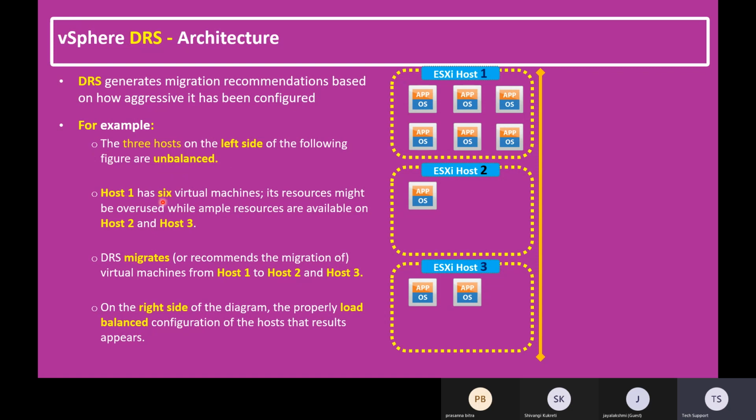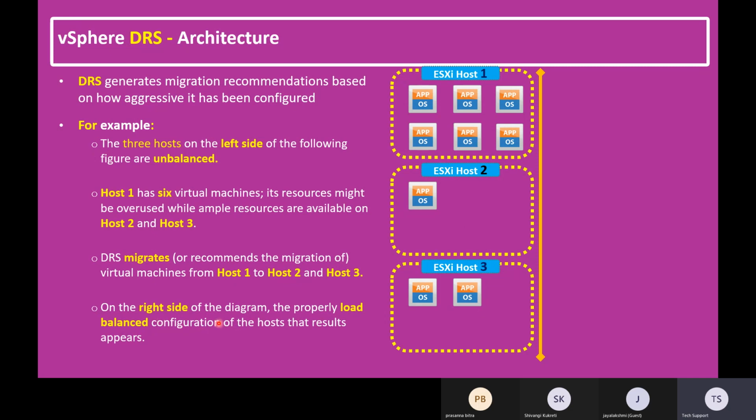ESX1 has 6 VMs and its resources might be overused, while ample resources are available on ESX2 and 3. So 2 and 3 are almost free. DRS will migrate the VMs from ESXi host 1 to ESX host 2 and 3. Migration means it will automatically use the vMotion technique to migrate to ESX2 and 3.